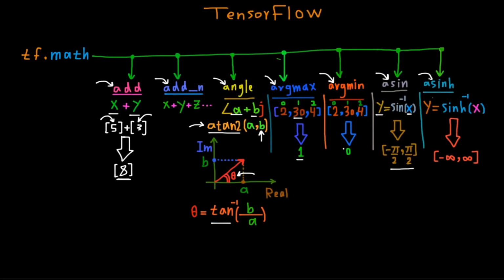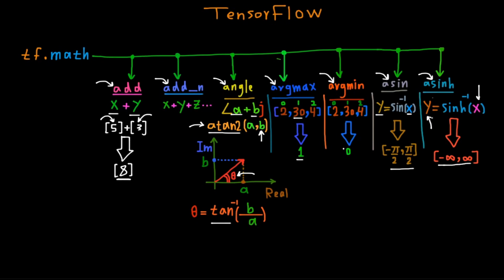Now let's take the inverse hyperbolic sine function. This function computes the inverse hyperbolic sine of x element-wise. Both input and output of this function have a range of minus infinity to infinity. So the range of x is from minus infinity to infinity, and the range of y is from minus infinity to infinity.